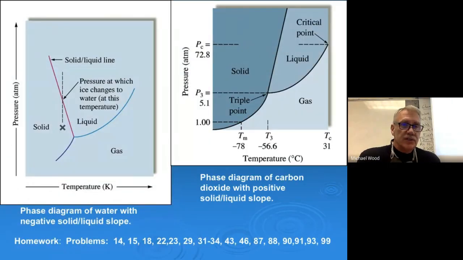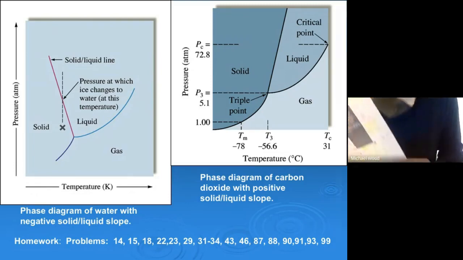Okay, here, and this kind of explains the pressure at which ice changes to water, where the density of the ice actually decreases. So this is the phase change of water with a negative slope. That red line is very unique to water.